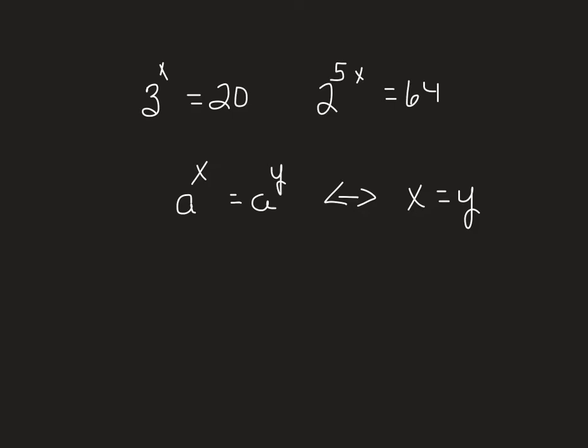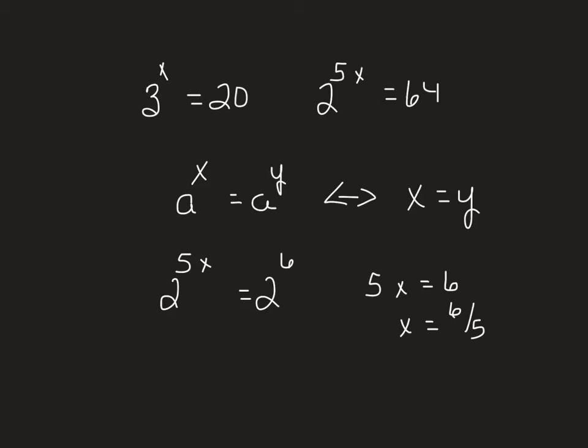So if I have the exponential equation 2 to the 5x equals 2 to the 6th, this is true if and only if 5x equals 6. So it would be true for the value when x is equal to 6/5.